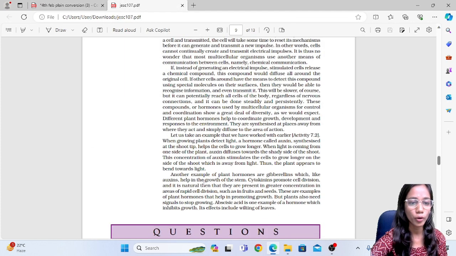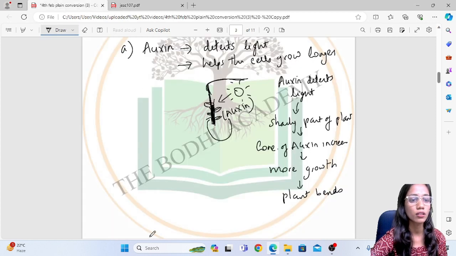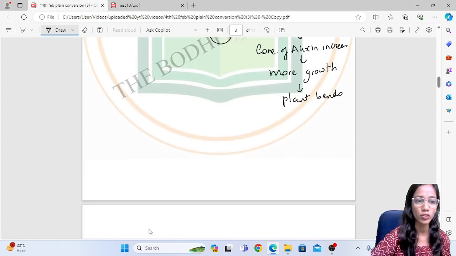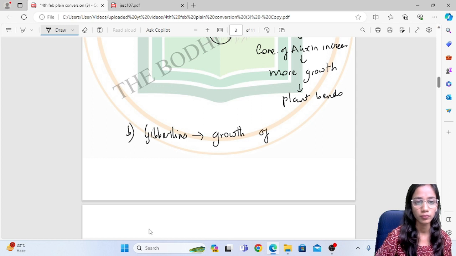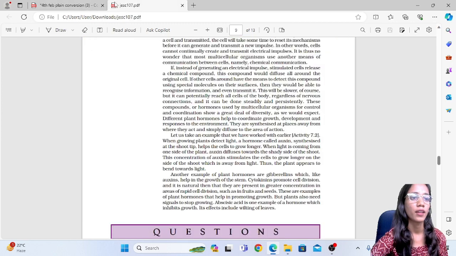Now the second hormone which we need to study is gibberellins, which also helps in the growth of the stem. That is also a growth hormone. The next hormone is cytokinin, which helps in cell division.